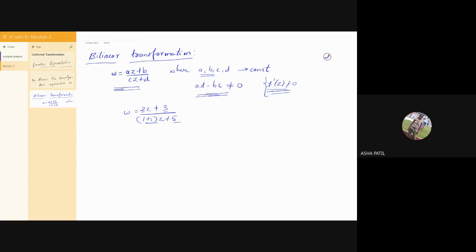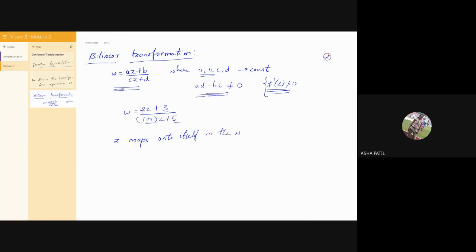Now suppose we say that z maps onto itself in the w plane.